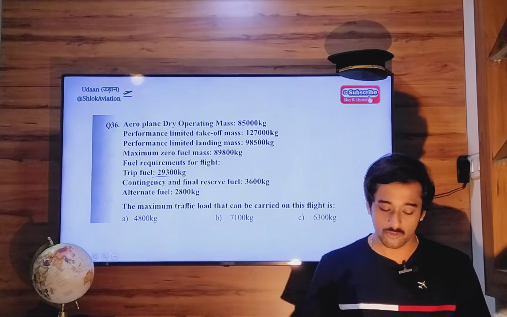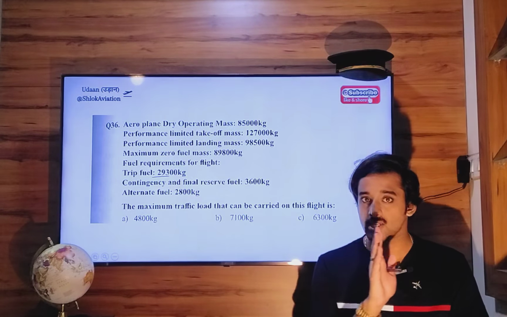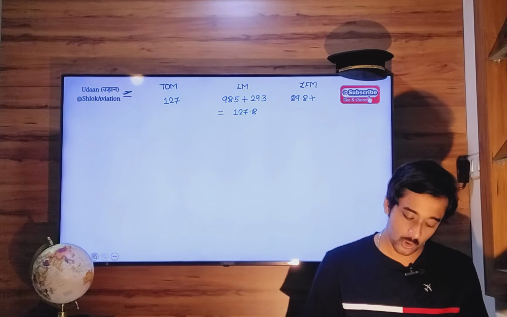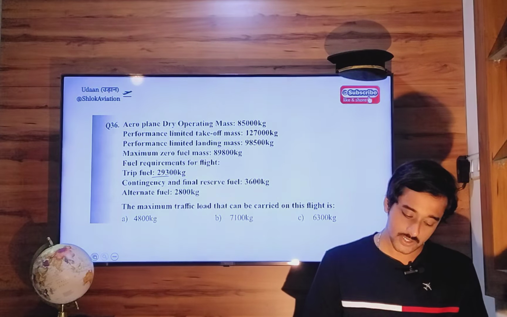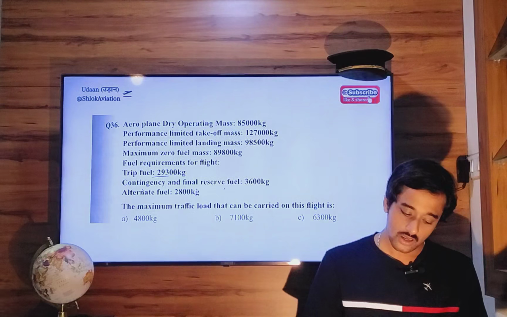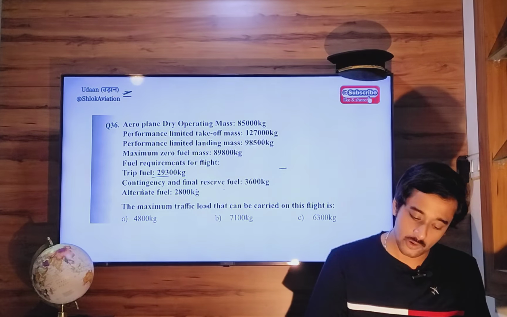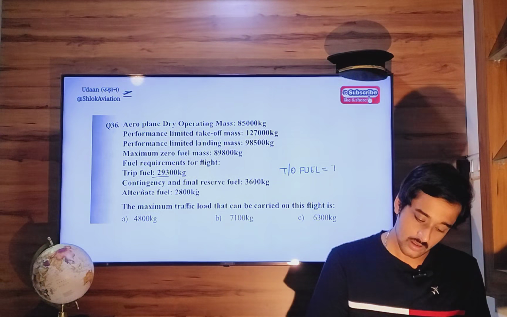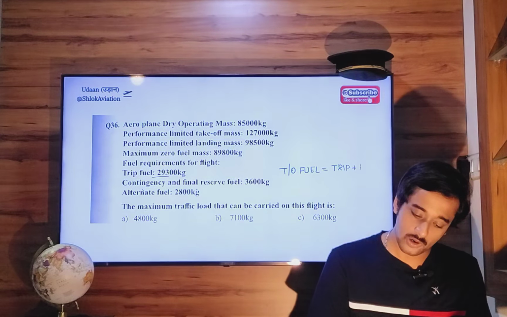Takeoff fuel or fuel on board. Zero fuel mass plus fuel on board equals takeoff mass. So we are going to add fuel on board here. That is, fuel on board or takeoff fuel is trip fuel plus reserve contingency plus alternate fuel, right?